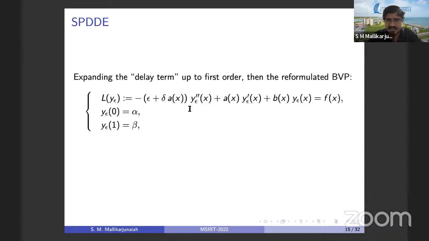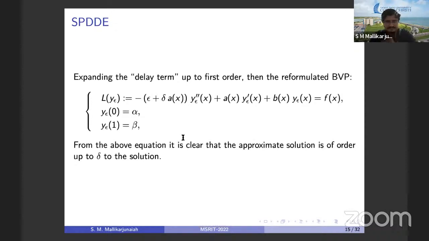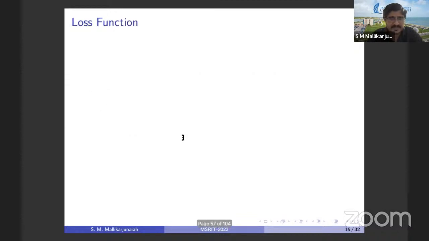Now you see a second order ordinary differential equation, but all the layer behavior and parameters are attached to the second order derivative. It is clear that the approximate solution is of order up to delta.